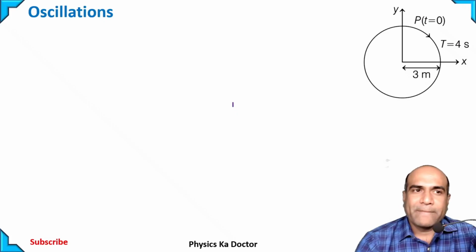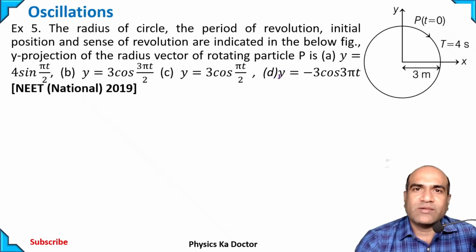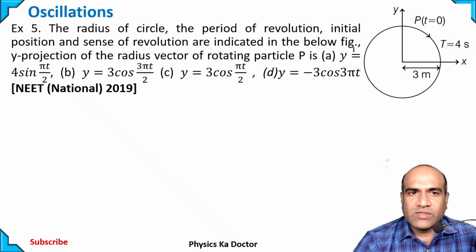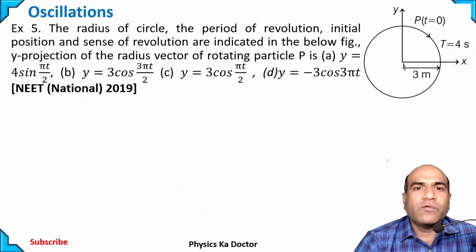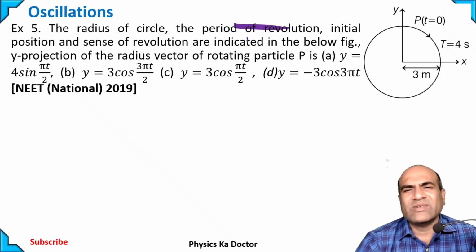And next question, NEET National 2019, the recent question. The radius of the circle, the period of revolution, initial position and sense of revolution are indicated in the figure below. Don't worry about this story; if you don't understand, that is okay.